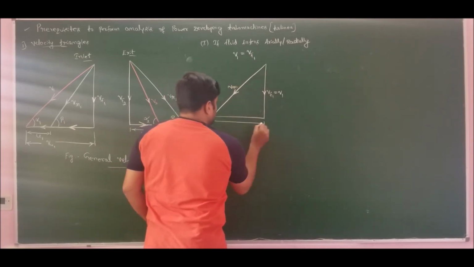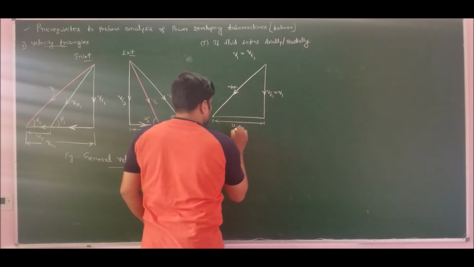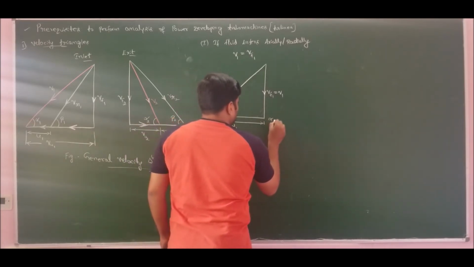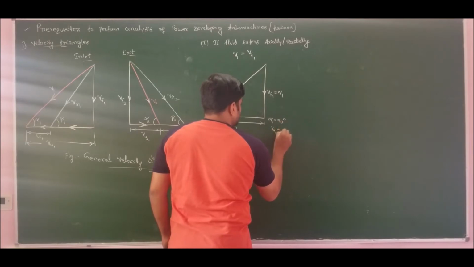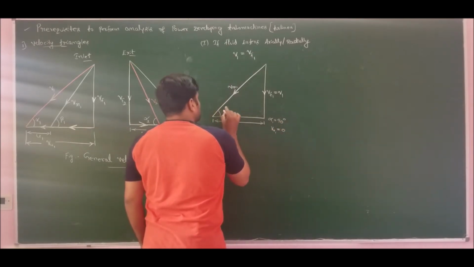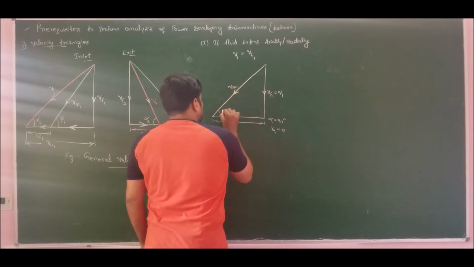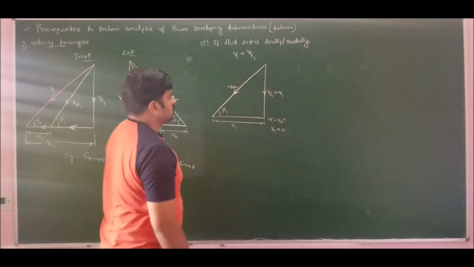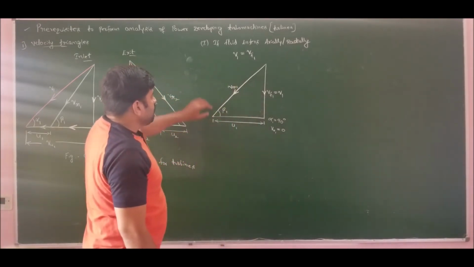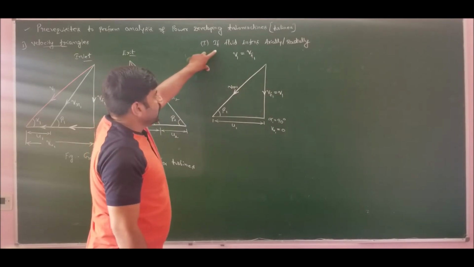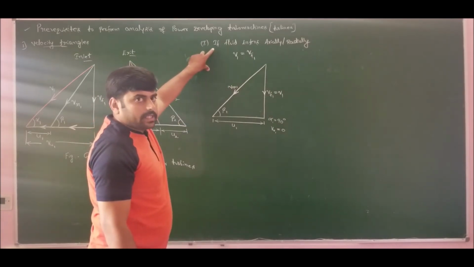So the base represents U1. Here alpha 1 is equal to 90 degrees and Vu1 is equal to 0. The angle made by the relative component is beta 1.